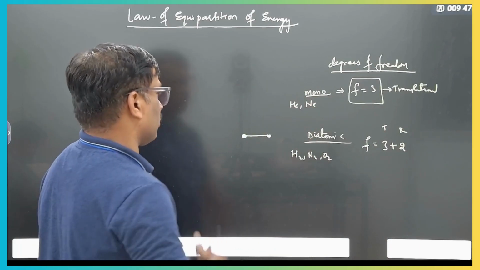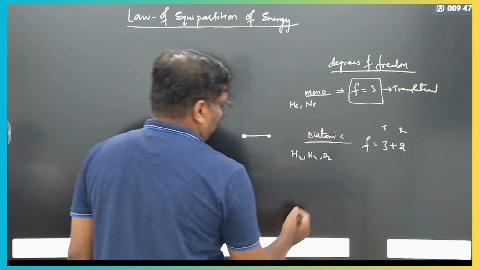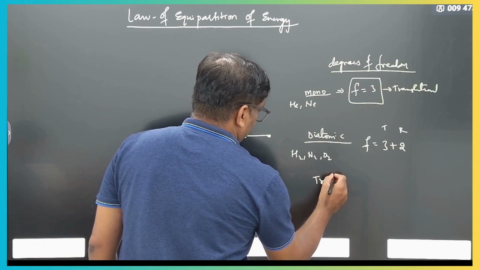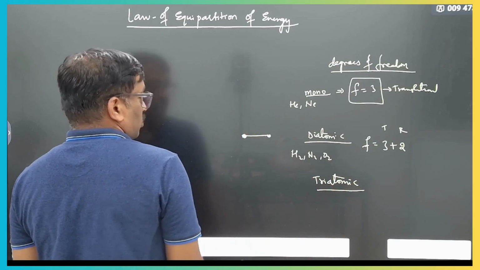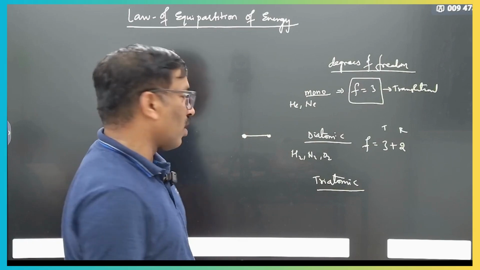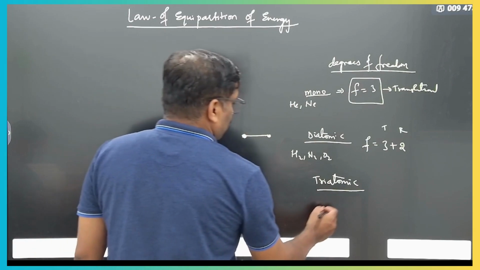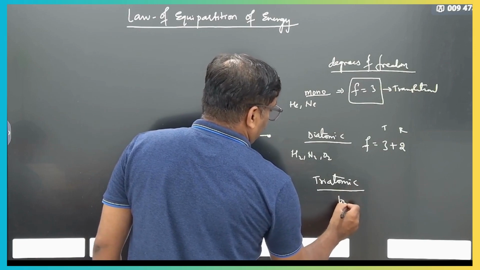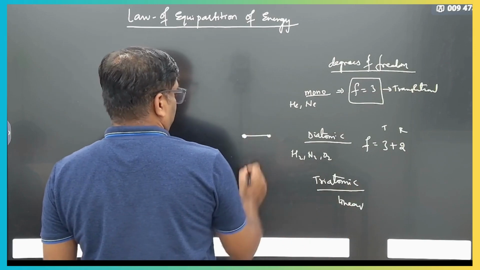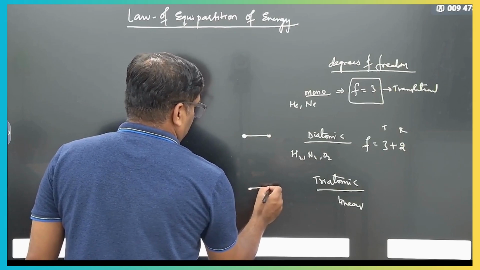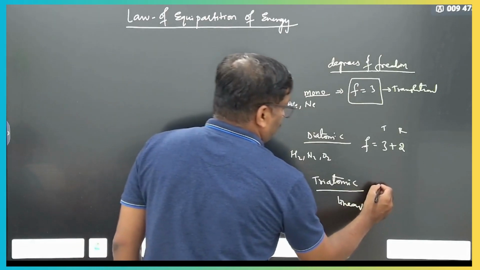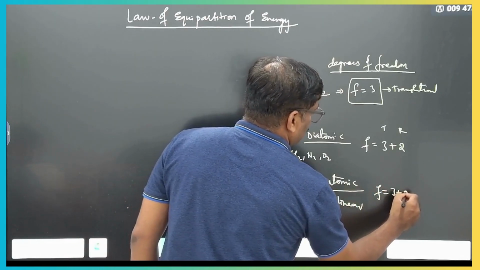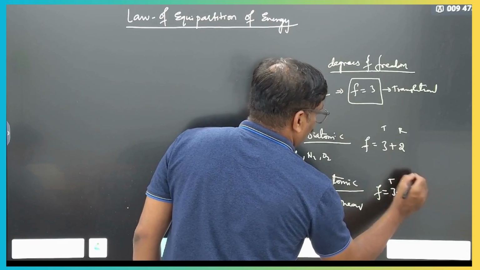If you go for IIT-Advanced and all, then triatomic. In this one, triatomic, there will be linear and non-linear structures. If you take linear, the shape will be like this. So for the linear structure it will be 3 translational plus 2 rotational.